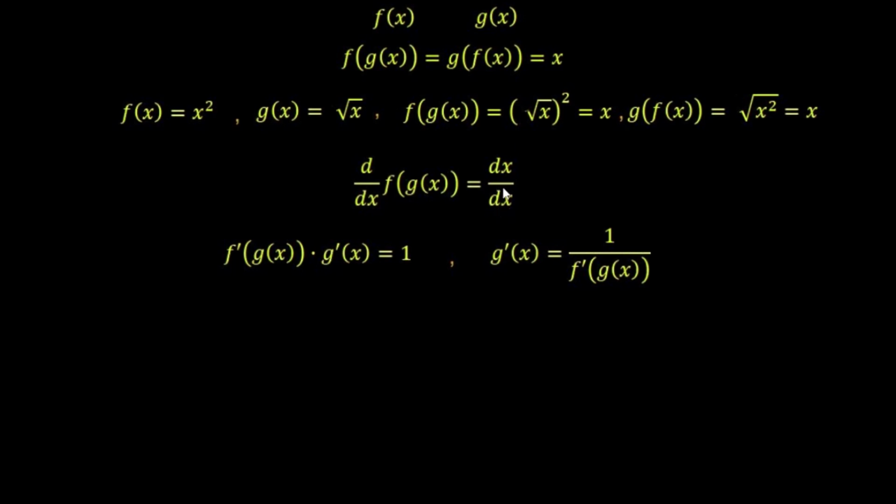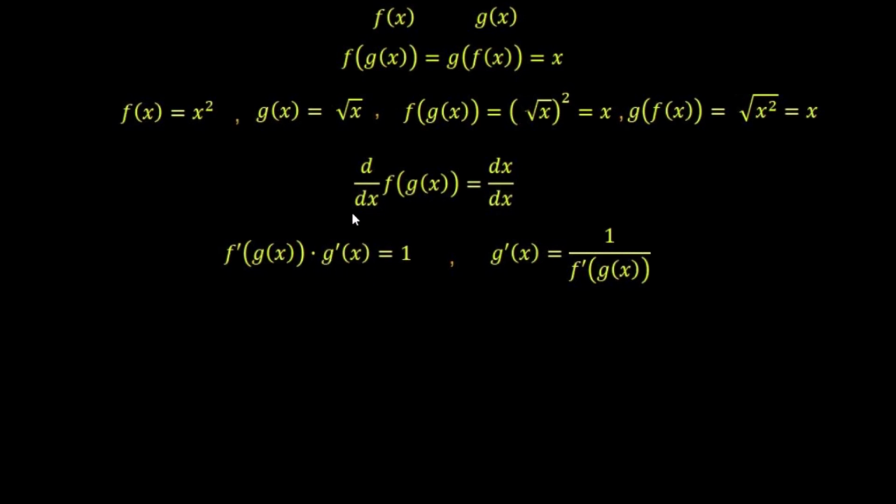Now the dx by dx here is just a value of 1. And if we were to differentiate a composite function like this, what we get is f derivative of g of x times g derivative of x.